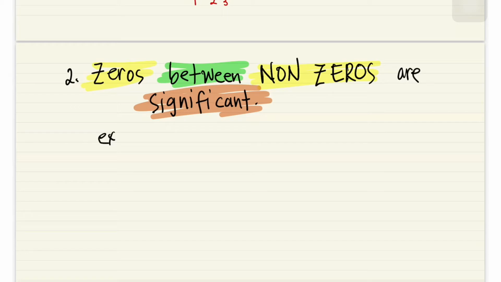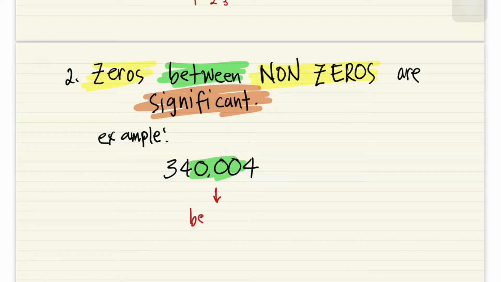Example, if you have 340,004, notice there's a zero in between non-zero digits.